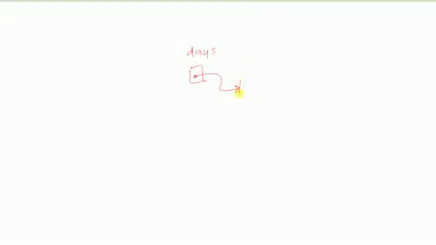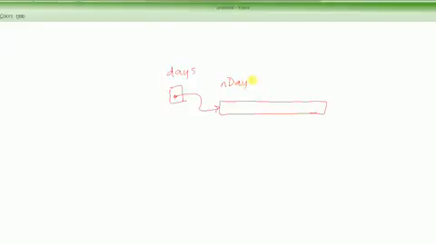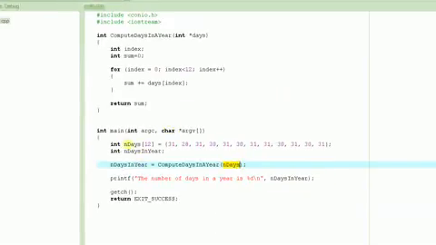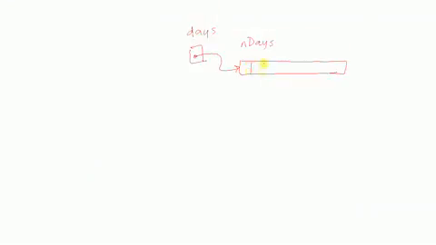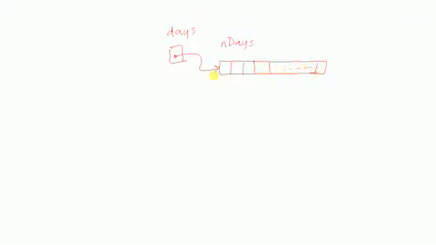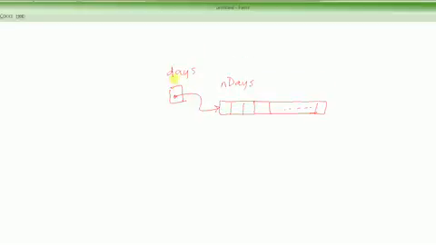This is our n days array, with all 12 elements, and the pointer days is now pointing to the first element.